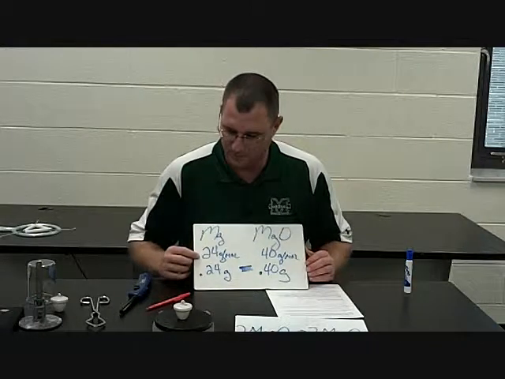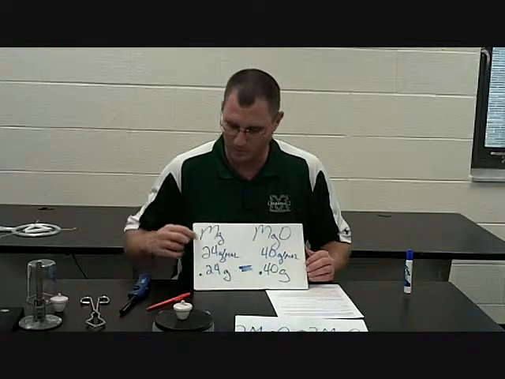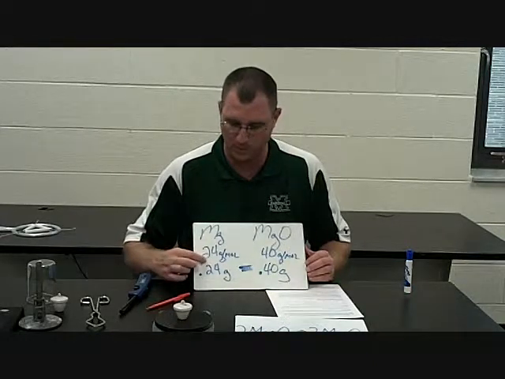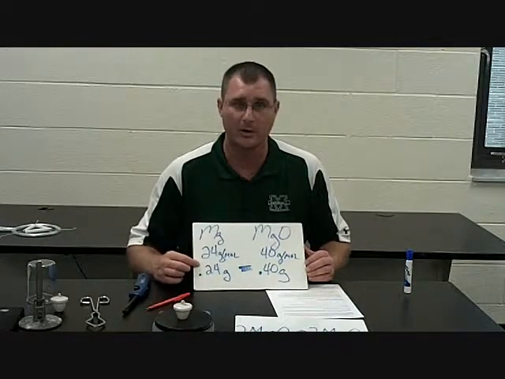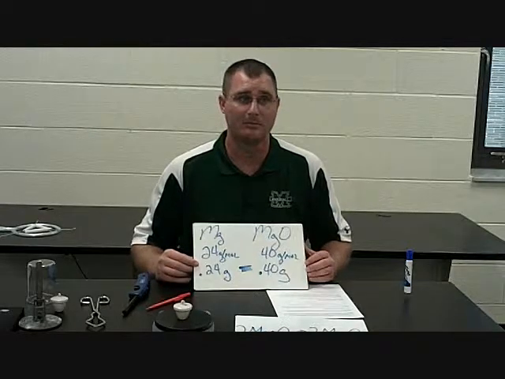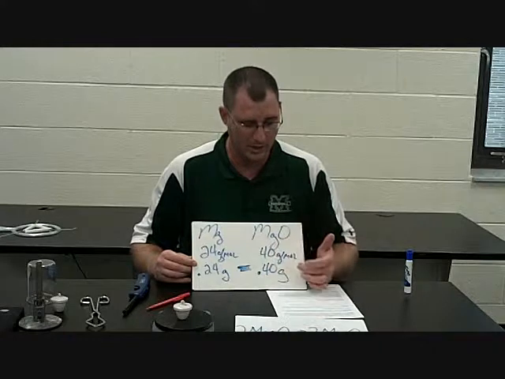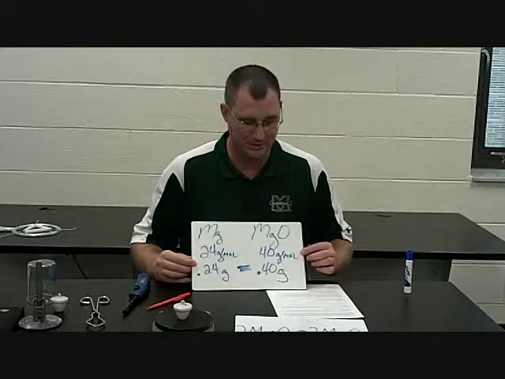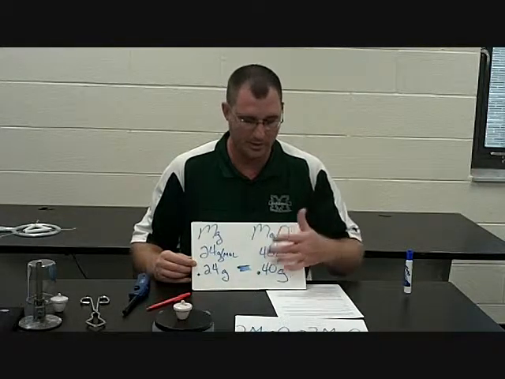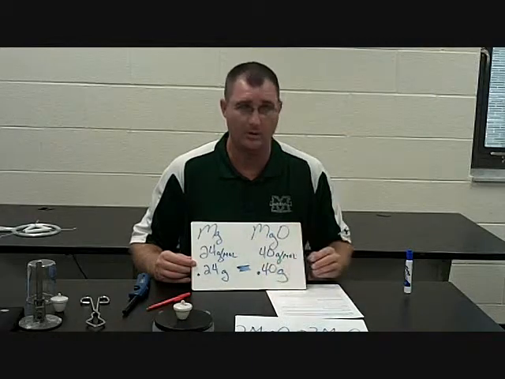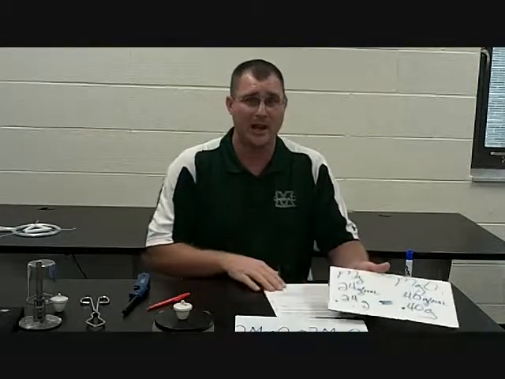Since I started with 1/100th of a mole of magnesium, instead of having 24 grams, I had 0.24 grams, then in my head I can go, okay, I should end with 1/100th of a mole of magnesium oxide. Instead of having 40, I should have 0.40. And when I do the math, that's exactly what I ended up with, because we did it perfectly. That's why it gained mass.